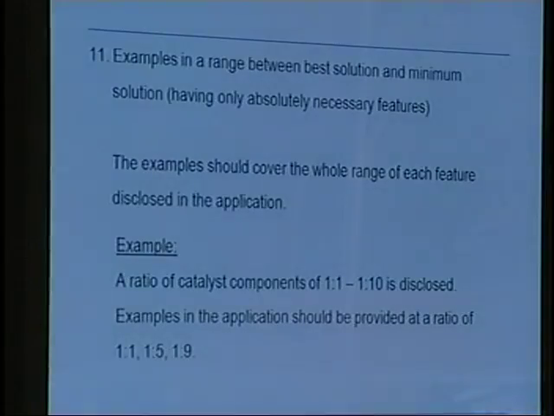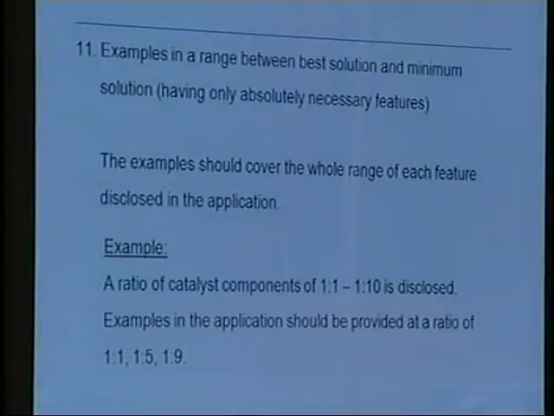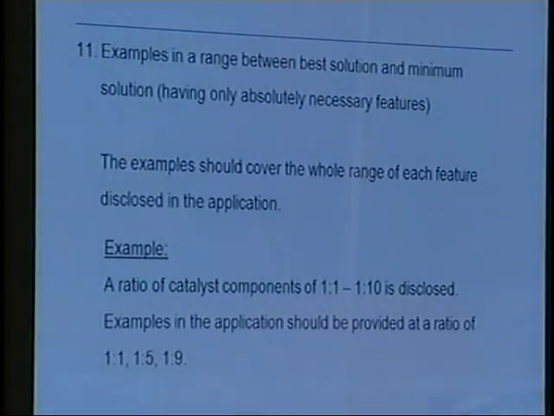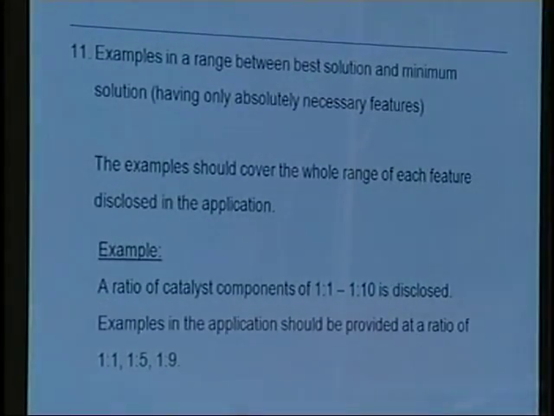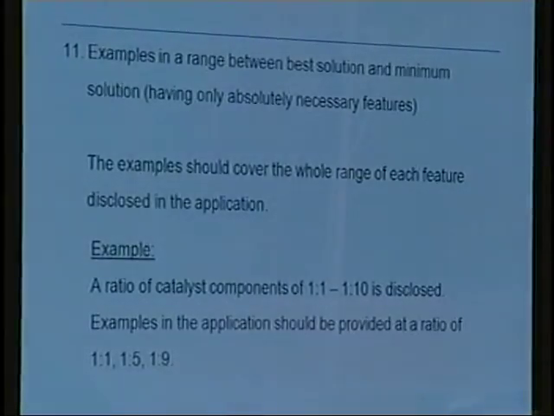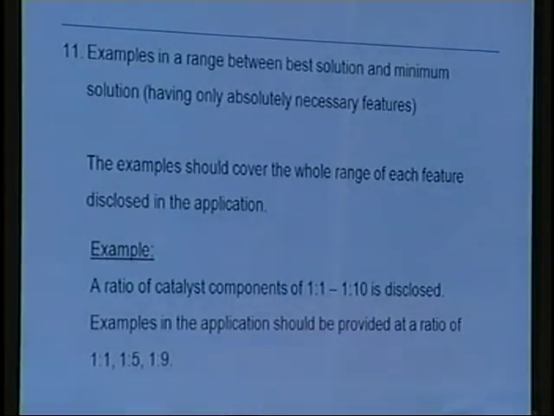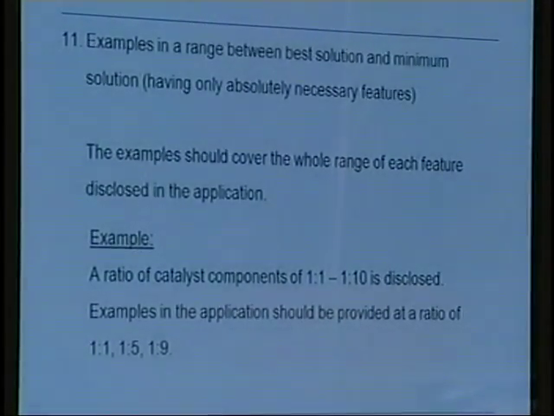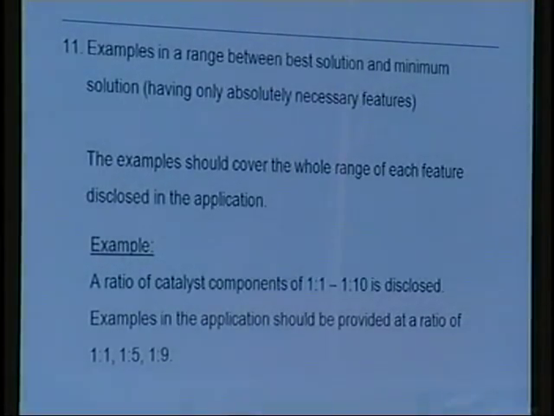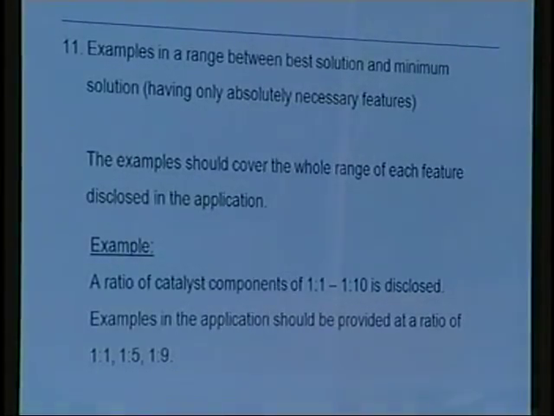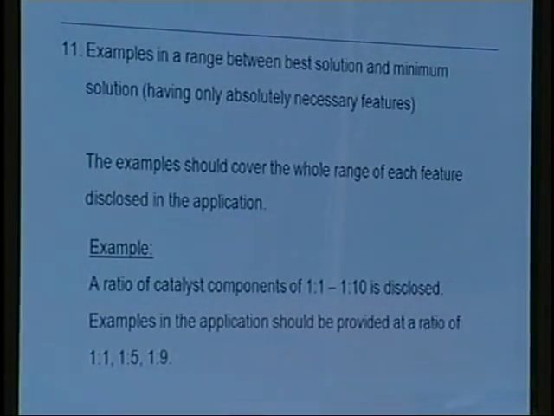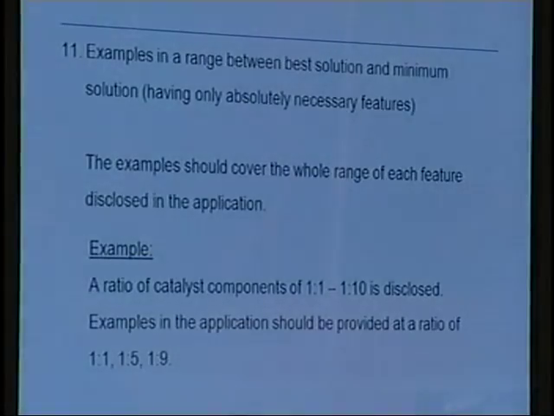And then there should be also examples having additional, only optional features, so to provide the patent attorney with some information that the invention is indeed or can be carried out in the whole range you have stated before. If you have generalized some features, you should provide some examples, if possible, to cover the full range.